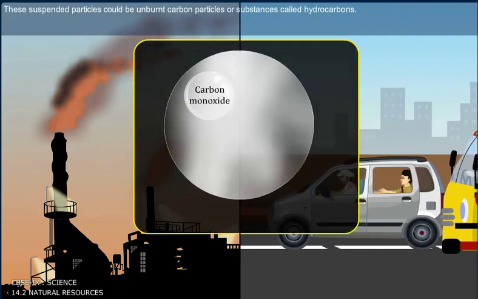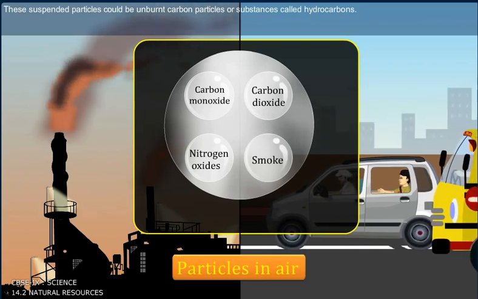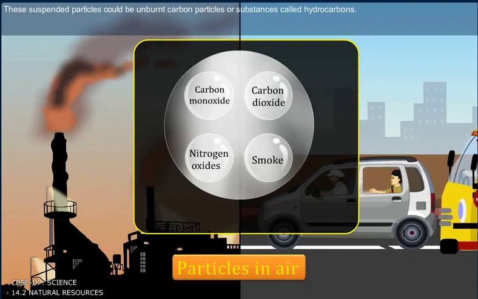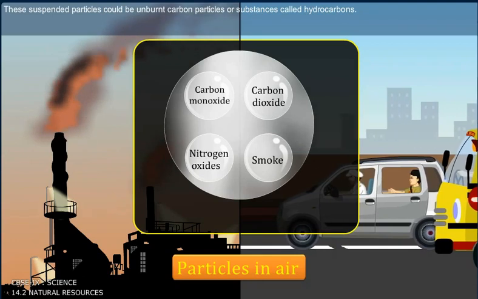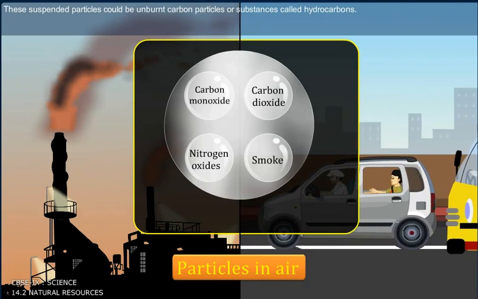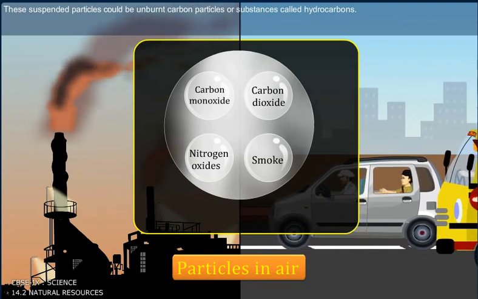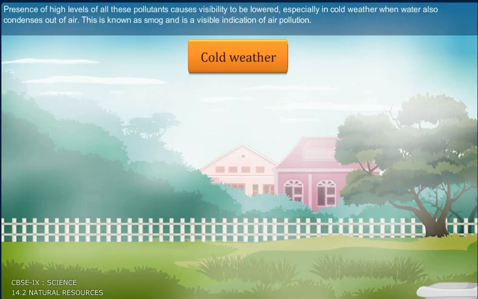These suspended particles could be unburned carbon particles or substances called hydrocarbons. The presence of high levels of all these pollutants causes visibility to be lowered, especially in cold weather when water also condenses out of air.